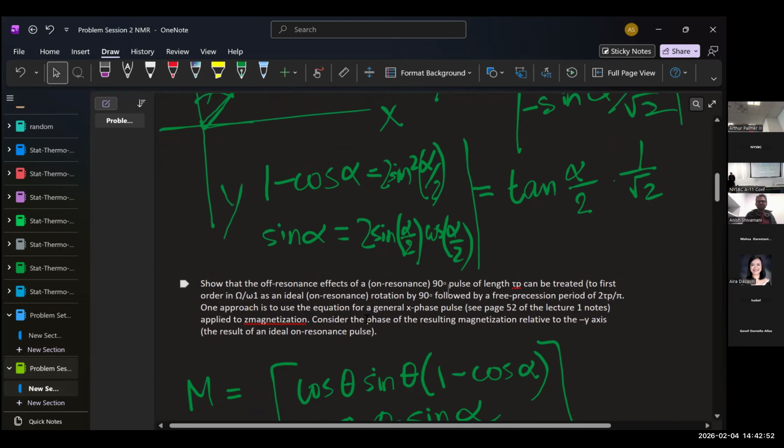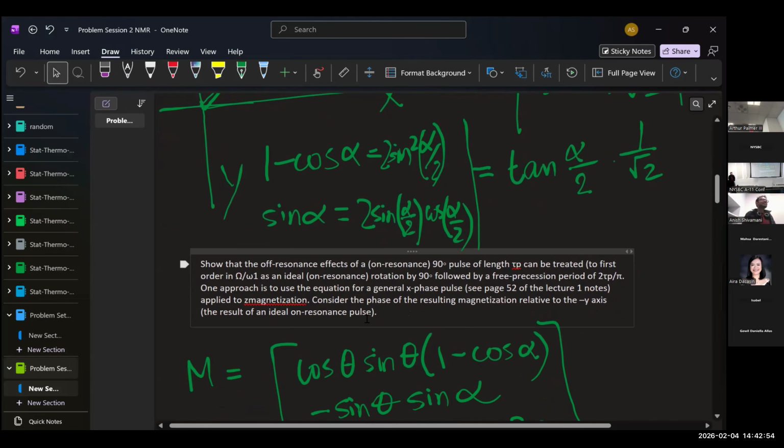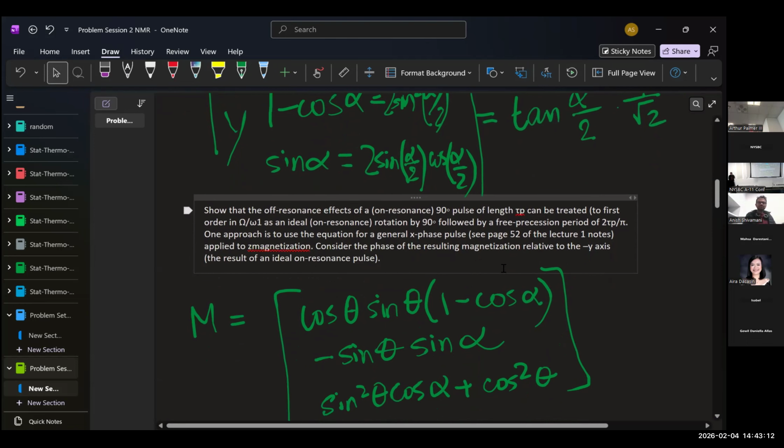The next problem is much the same, except that it makes you work through the 3 by 3 matrix multiplication that we did last time for a general flip angle alpha. So here you're looking at resonance effects of a 90-degree pulse of length p, and you're saying that you are not far off resonance, you are still close to the resonance range.